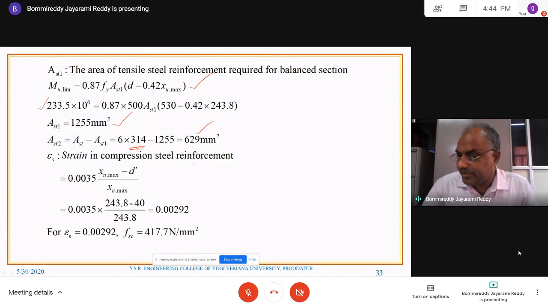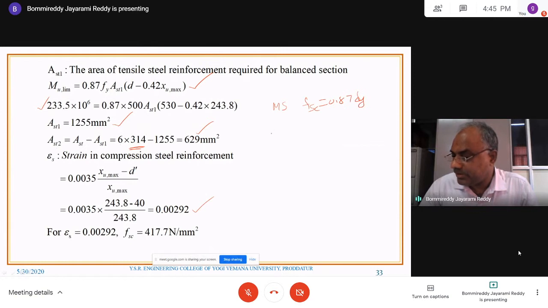What is the strain in compression steel? This is the formula that you know, and it is 0.00292. For strain 0.00292, what is the FSC value? In case of mild steel, FSC is nothing but 0.87 Fy.